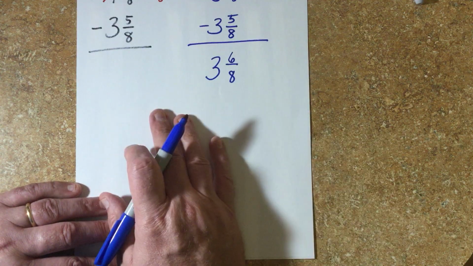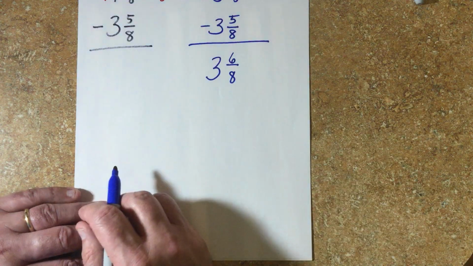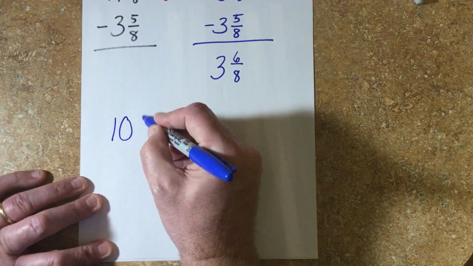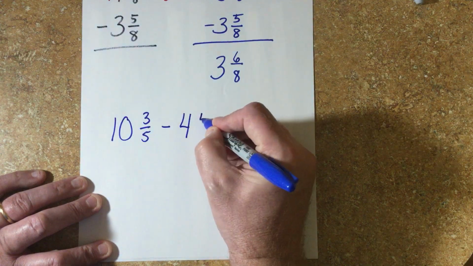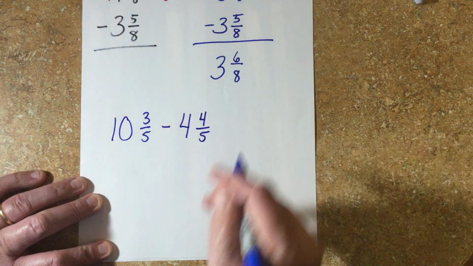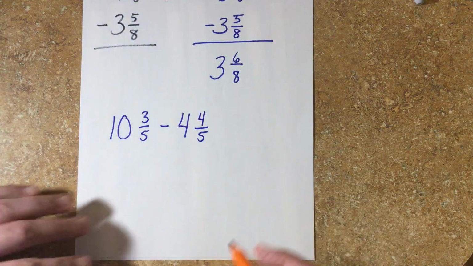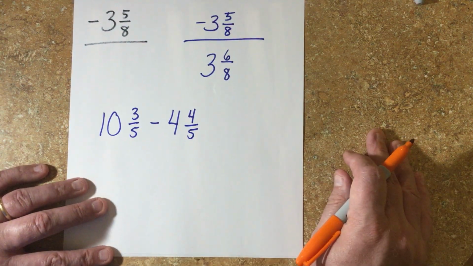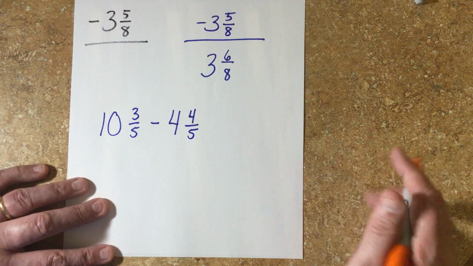So I want you to pause here, go get some paper, and then we'll continue. Okay, so you've got your paper, you're back, and we're going to go ahead and complete this subtraction problem. 10 3/5 minus 4 4/5.